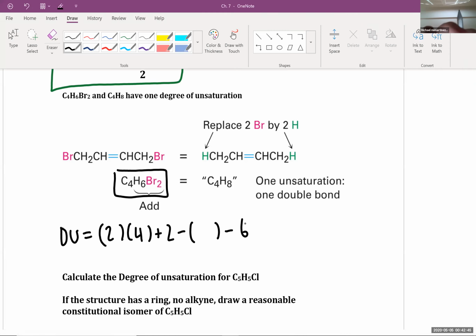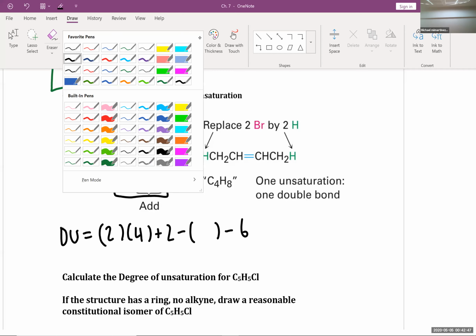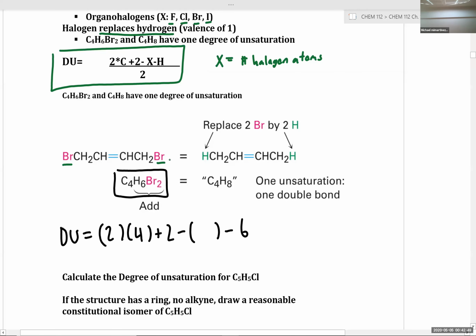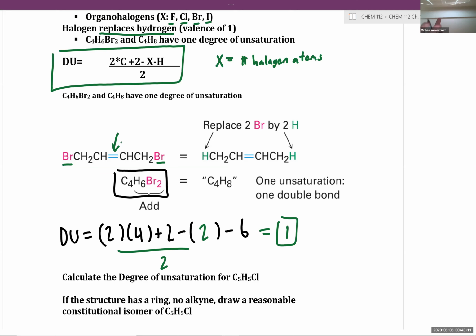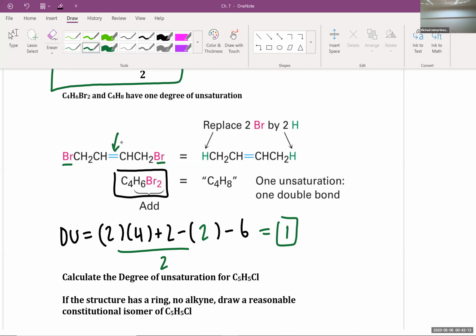And how many halogens do we have in the following formula? 2. Okay, perfect. So then calculating our DU. So we have 10 minus 8 over 2, which gives us a DU of 1, which as we can see, we have one alkene. Does that make sense so far?